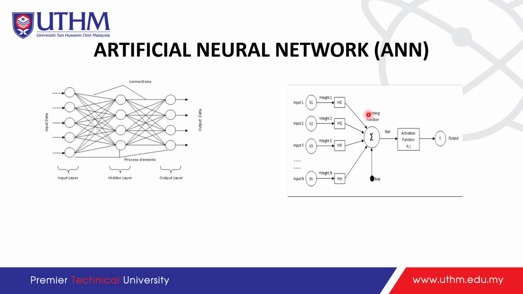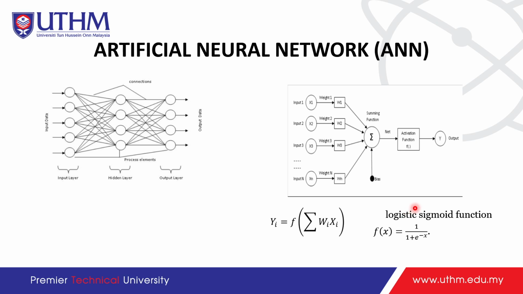So this is shown here: we have n inputs which give only one output. The output is the summation of wi xi, where i goes from 1 up to n, and this summation is called the net, which goes into the activation function.